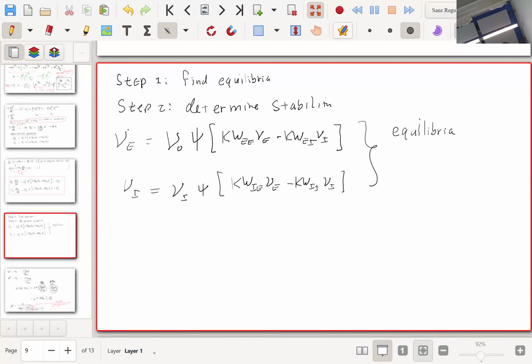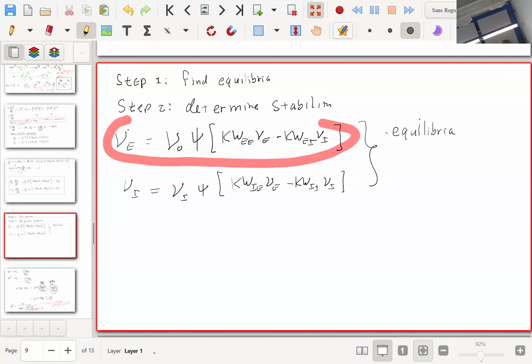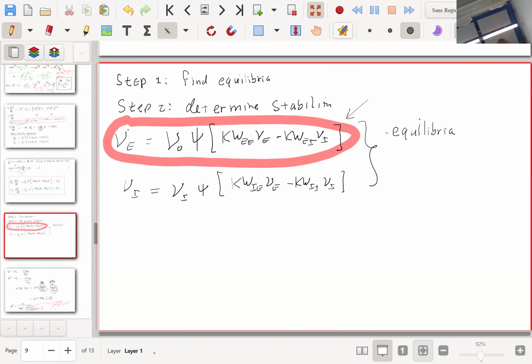They're also called null clines. So each of these curves, both of these things represent a curve in a 2-dimensional space. So if you basically said, I'm just going to solve this thing, this is a curve in nu E, nu I space.